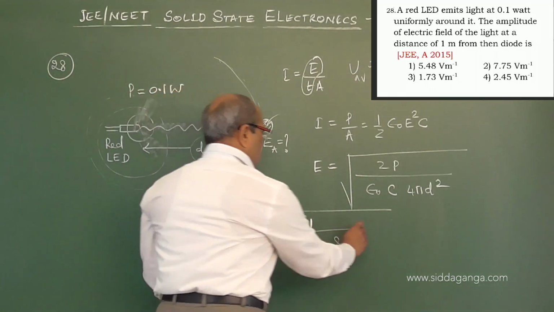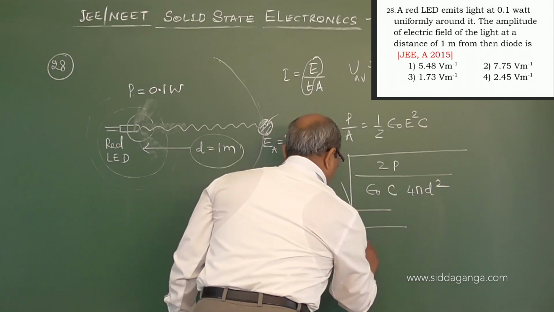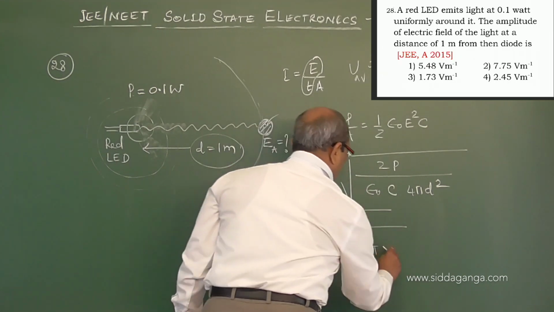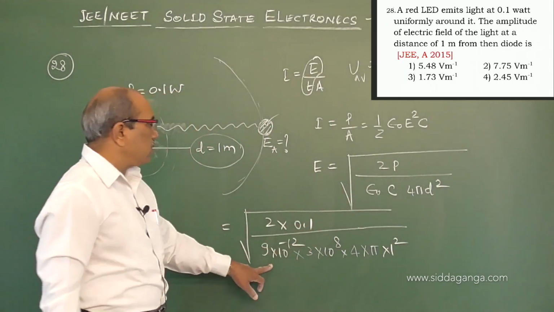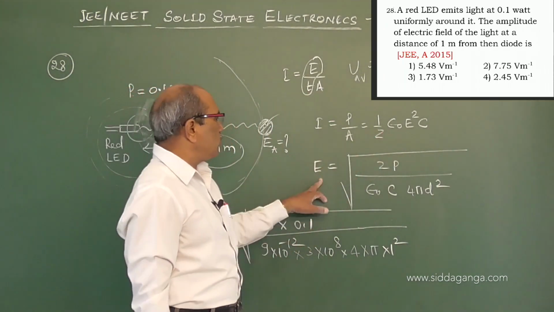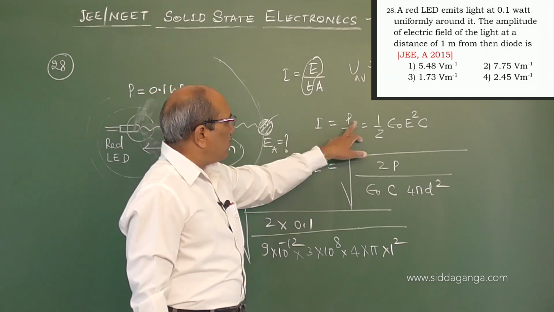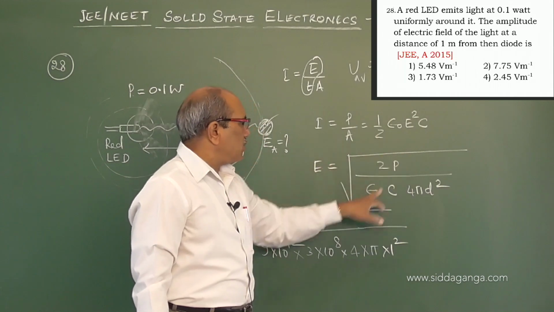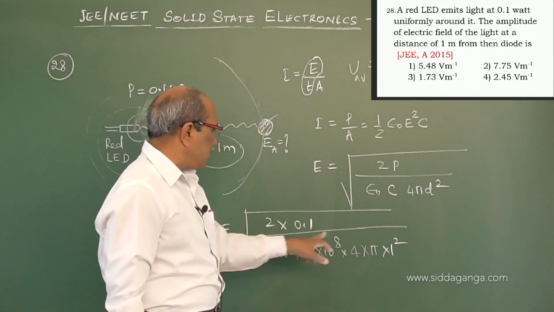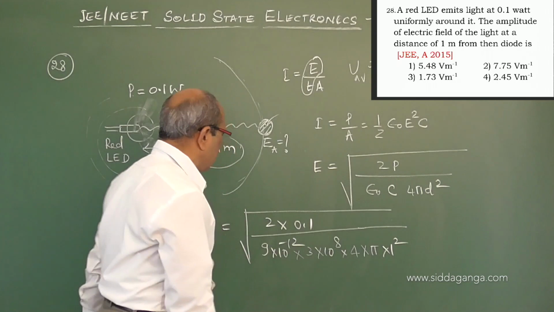Here the radius is 1 meter. So divided by 4 into pi into 1 square. So E equals the square root of 2P divided by A epsilon naught and C, with epsilon naught, C and 4 pi r square taken.